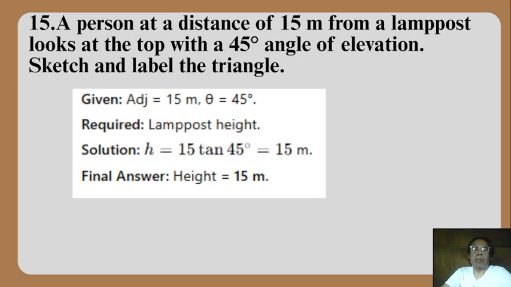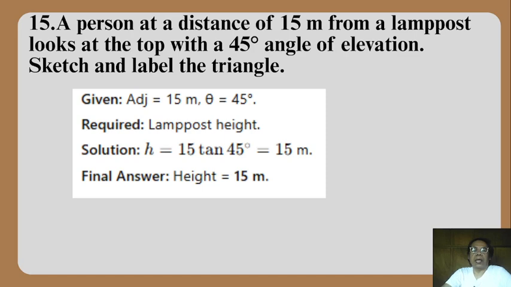looks at the top with a 45 degree angle of elevation. Sketch and label the triangle. So we're given adjacent 15 meters, theta 45 degrees. So required is the height of the lamppost.